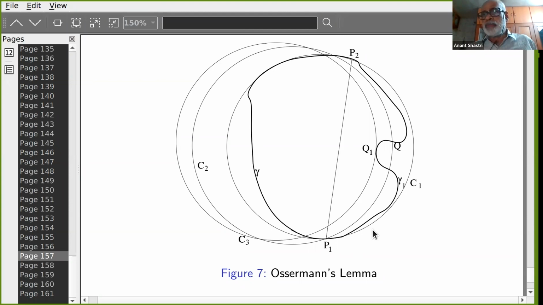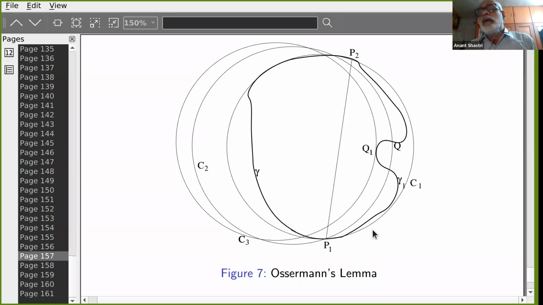The minimum will occur there, and at the major axis it will be maximum. So there will be four points like this, which are maxima and minima for the function kappa.